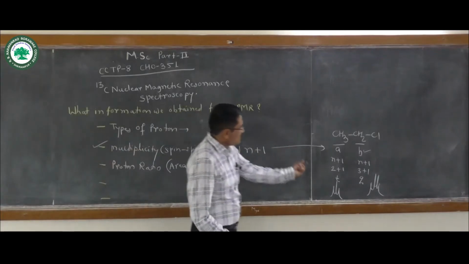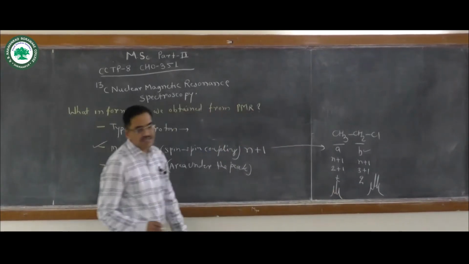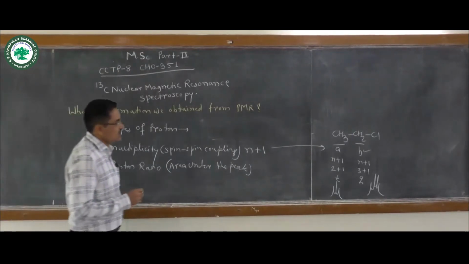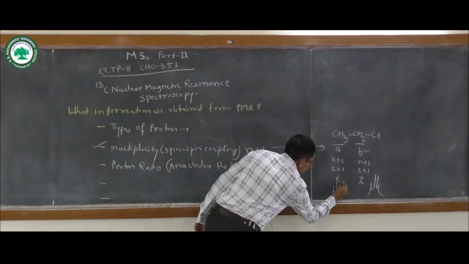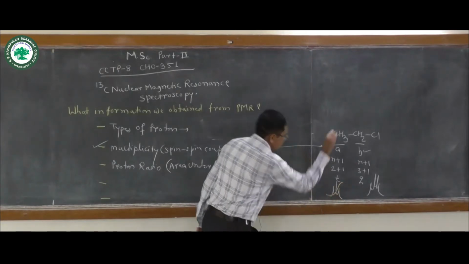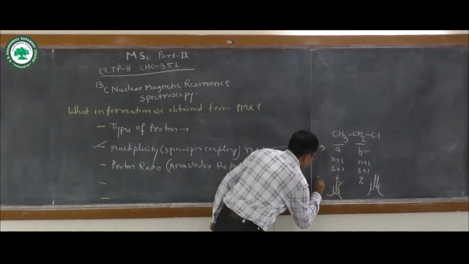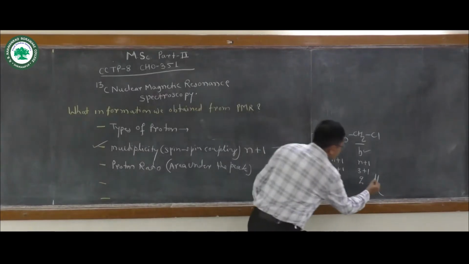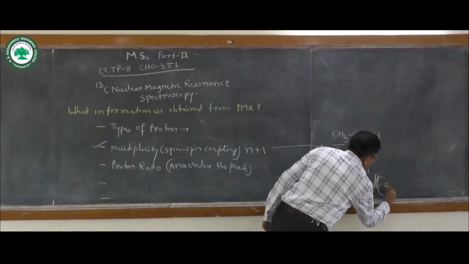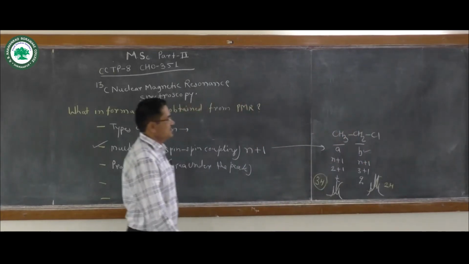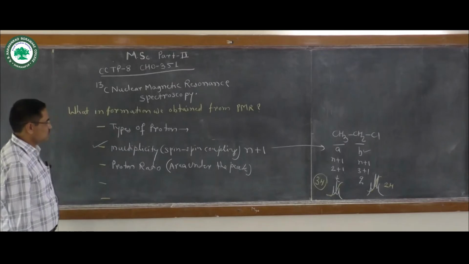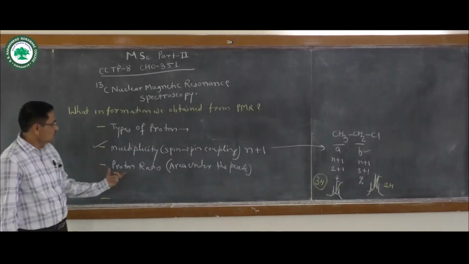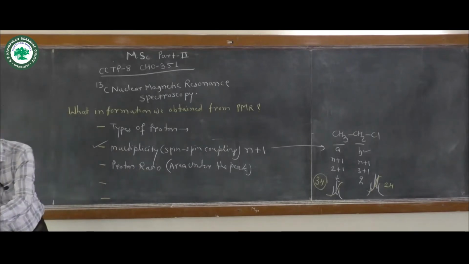Means this signal appears for how many protons. This signal appears for 3 hydrogens, and when we consider this one, this signal appears for 2 protons. So the third point is related to the proton ratio.